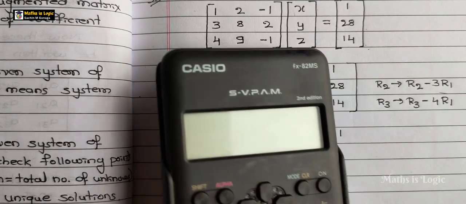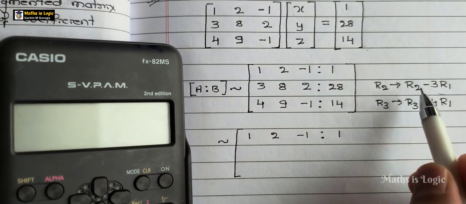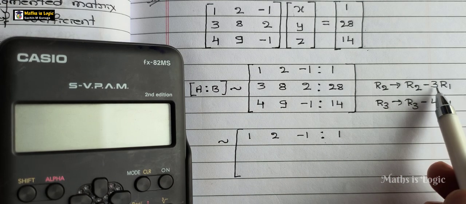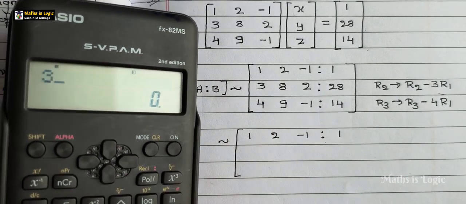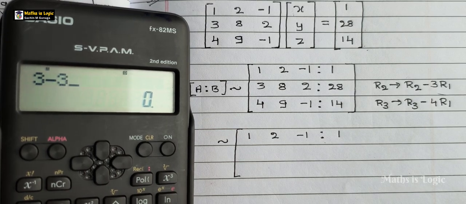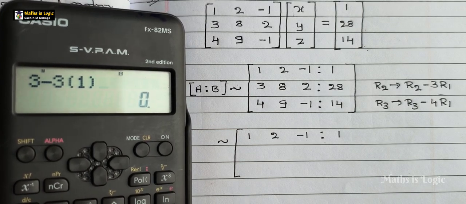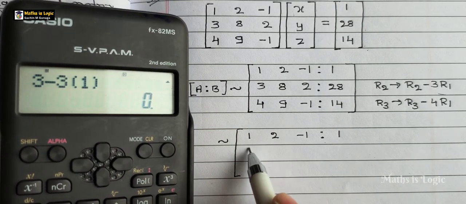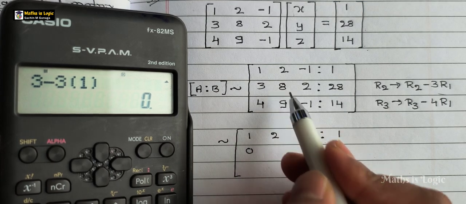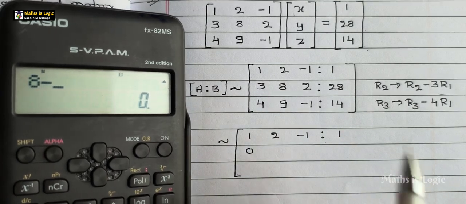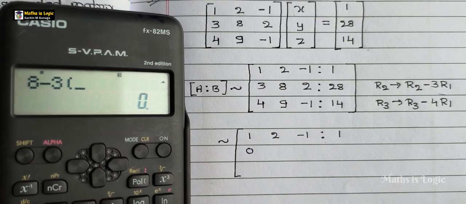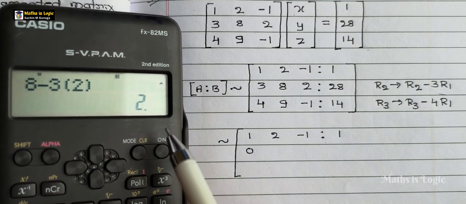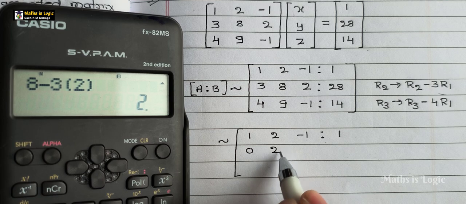Next, use the calculator, no problem. R2: 3 minus 3 times 1, so directly 0. Next, 8 minus 3 times 2 is 2, so write 2.